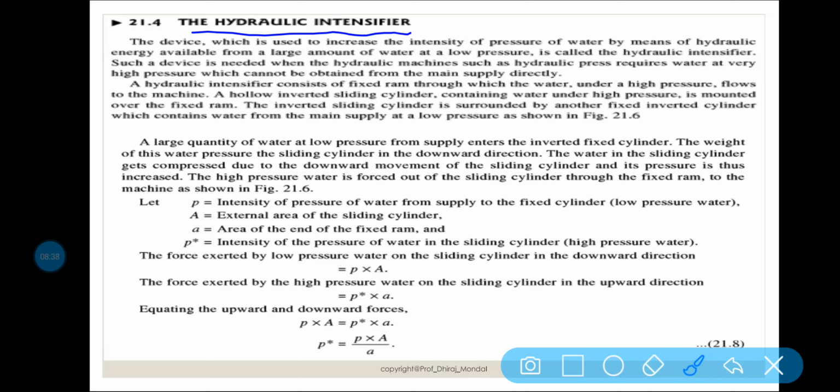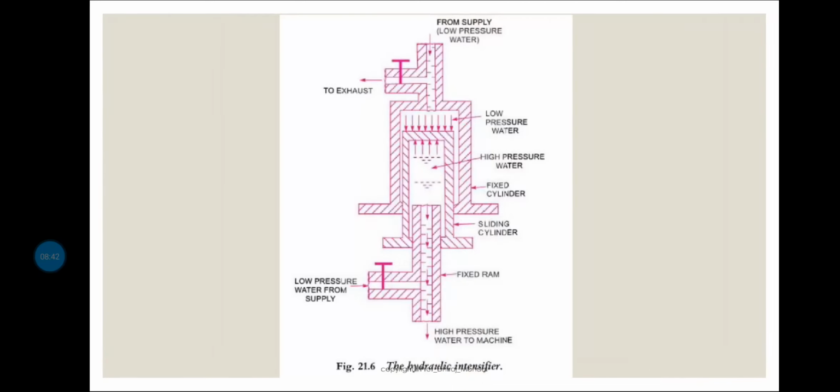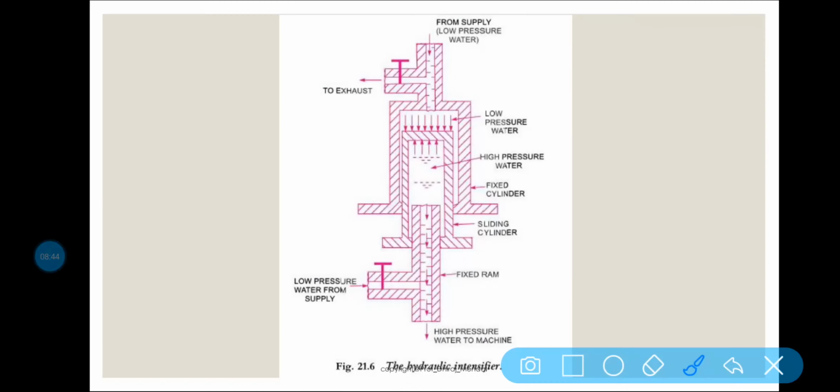Now the hydraulic intensifier. Basically, in this diagram you can see this is your hydraulic intensifier. This is your fixed cylinder. This is the supply of water, where low pressure water is supplied. This is your high pressure water zone.